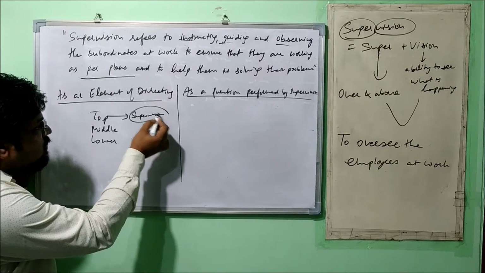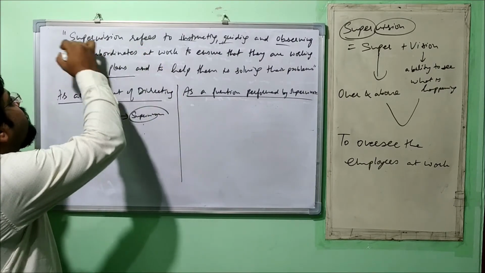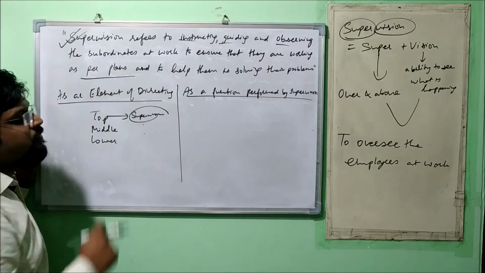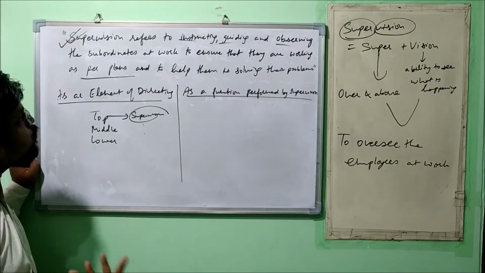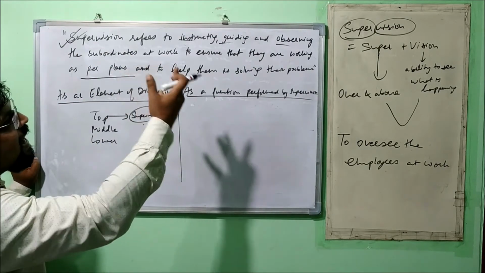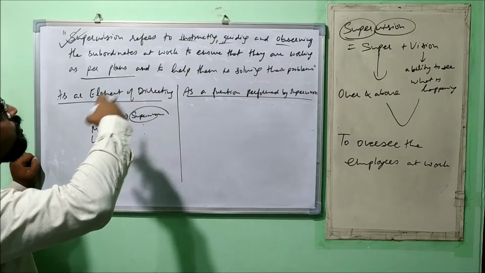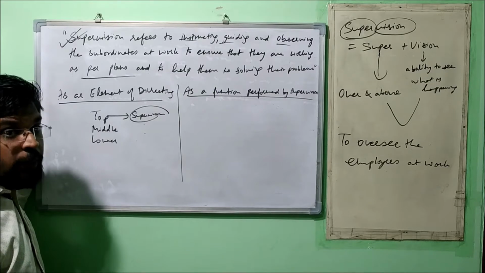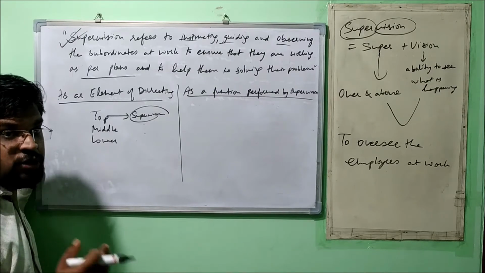So if we see in that sense, the same definition works because we are learning the directing chapter. Supervision means to instruct, guide and observe the subordinates at work to ensure whether they are working as per plan or not, and if they are facing any kind of difficulty, to help them out.